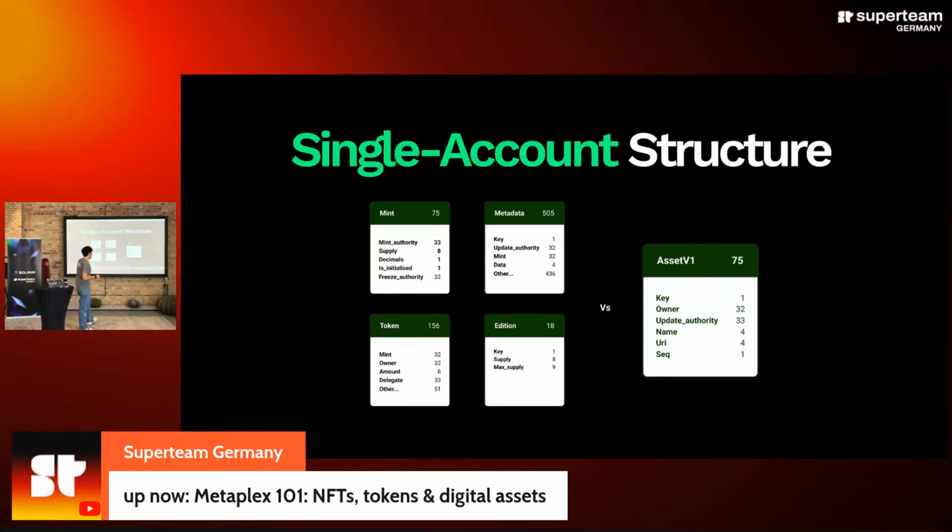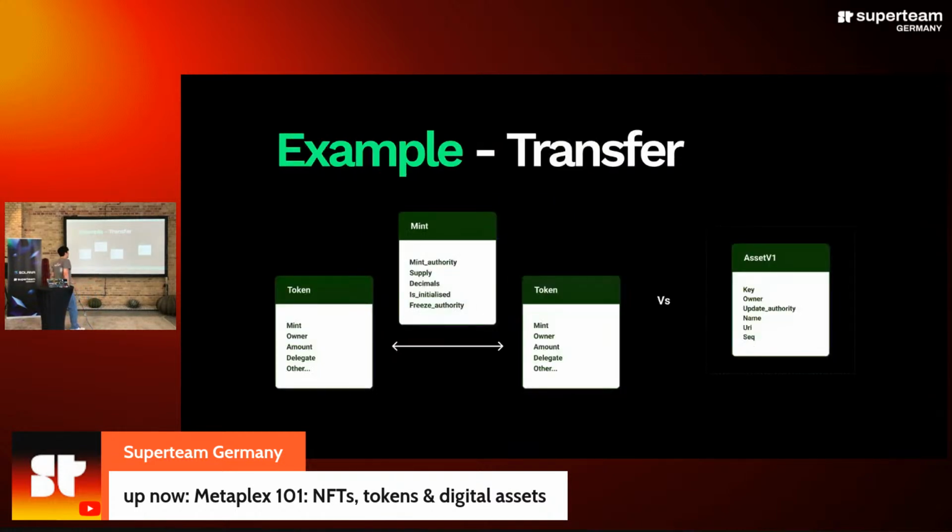You can see that in the asset v1 account, we have the owner, we have the update authority, we have the name, and we have the URI. These are the only bare-bones things that an NFT needs. And this makes it super, super easy even for transfer.